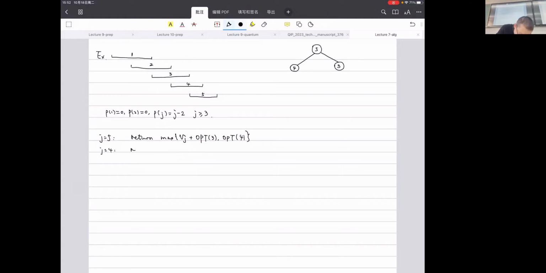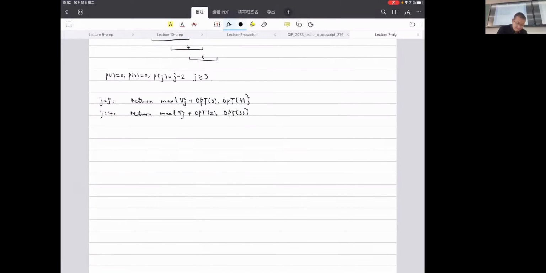In that case, we return the maximum of Vj plus OPT of P4, where P4 equals 2, so this is OPT2, and OPT of j minus 1, which is OPT3. Similarly, for j equals 3, we return the max of Vj plus OPT1 and OPT2.